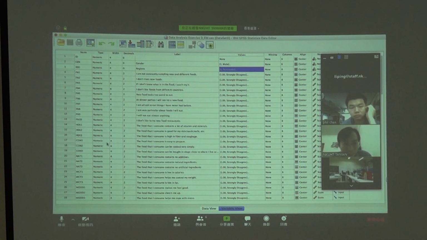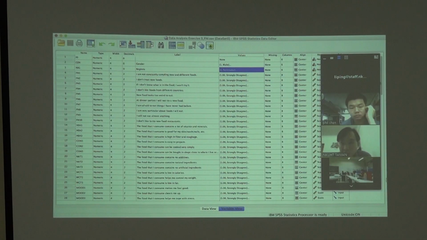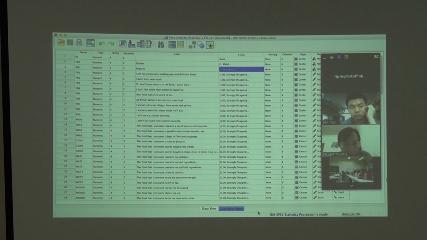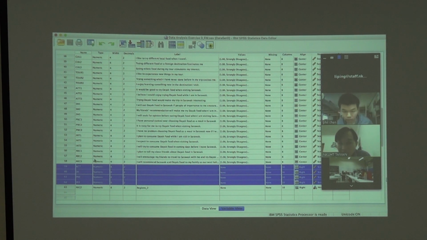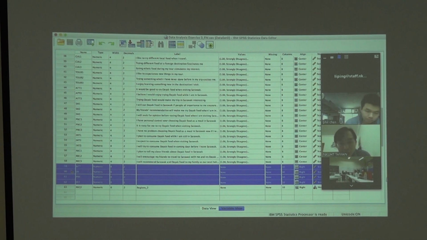Can you see my variable view? Yes. Scroll down. Remember, these are the variables, right? Entity, SN, TBC, and IT. So you just tell the software 59 to 62. That's it.